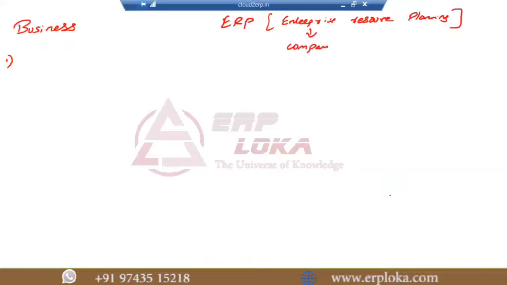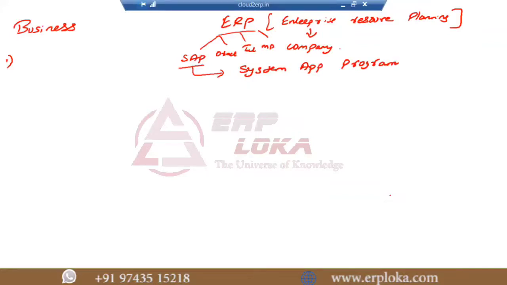When a company wants some resource, to do that planning, they use ERP. Under ERP, you have so many. We have SAP, we have Oracle, we have Tally, we have Microsoft Dynamics. All these are ERP. We are focused on SAP. The full form of SAP is System Application Programming.